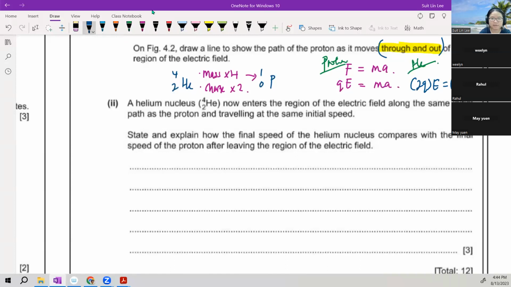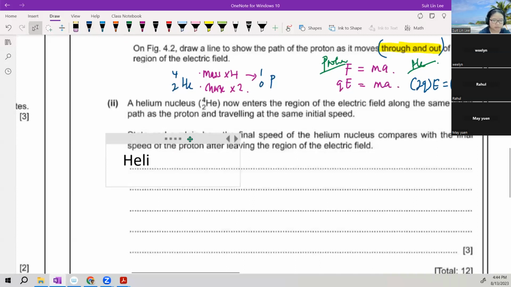So obviously you can tell that the acceleration is less, right? Because your force is double, but your mass is 4 times. So you accelerate half. You accelerate less. Okay, so this is the first thing I'll say.